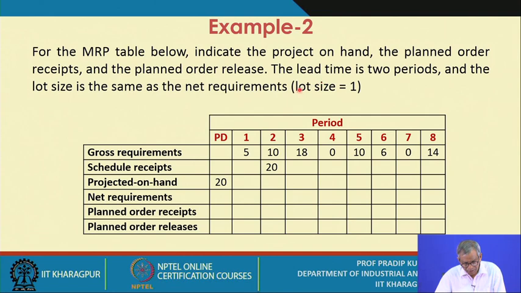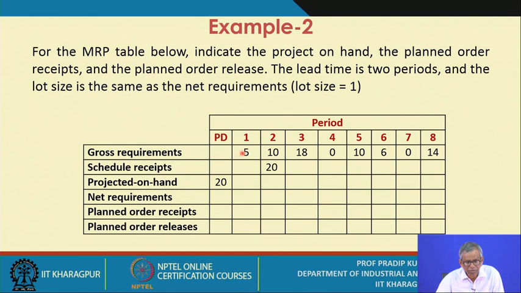That means here the lot size is equal to 1. Okay, now what you have is this table. This is the planned or projected demand, and how many periods you have considered? 1, 2, 3, 4, 5, 6, 7, 8. So 8 time periods you have considered.